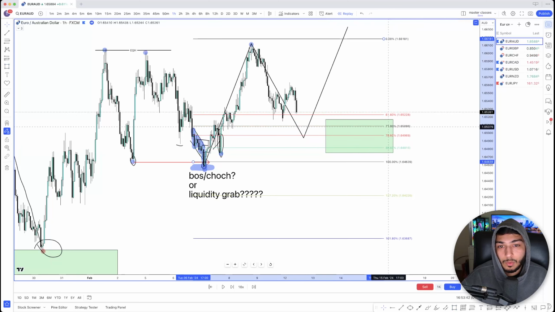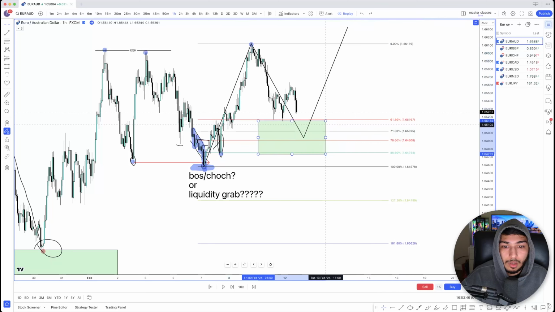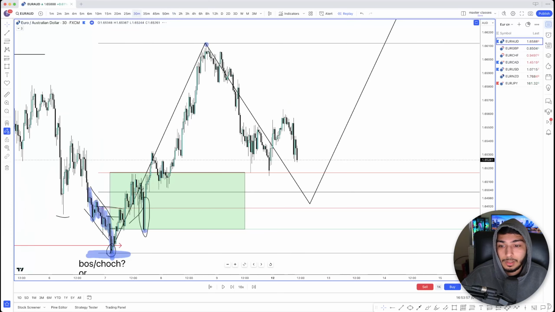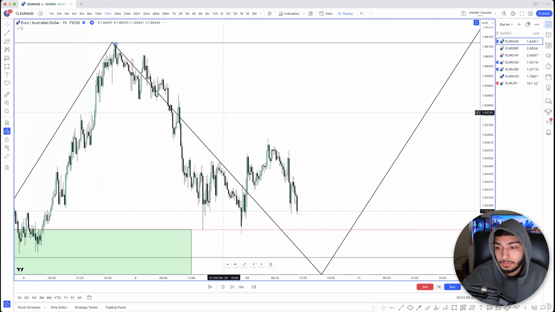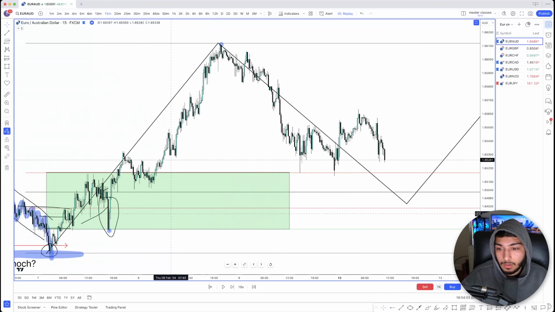So now that I have this box drawn, what I want to do is take this joint over here, and then I want to find imbalance, institutional candle, some manipulation, whatever it might be. I want to find something in here. So what do we find?